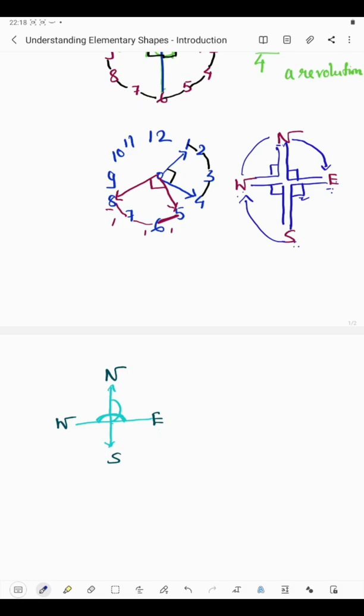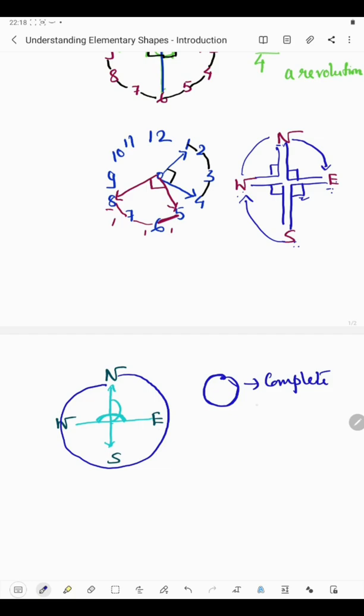Now if you travel from north to north again, that means wherever you started your journey, you ended there. So it is a complete whole. We can say that it's a complete angle or complete revolution.